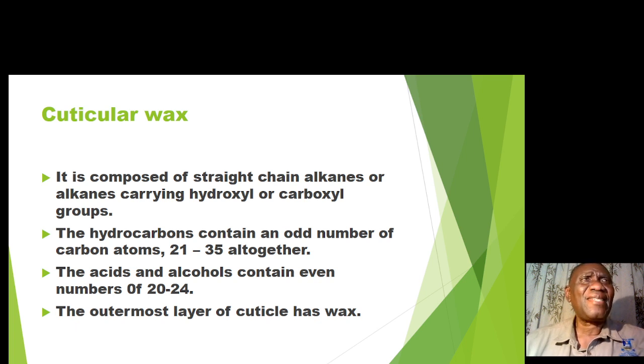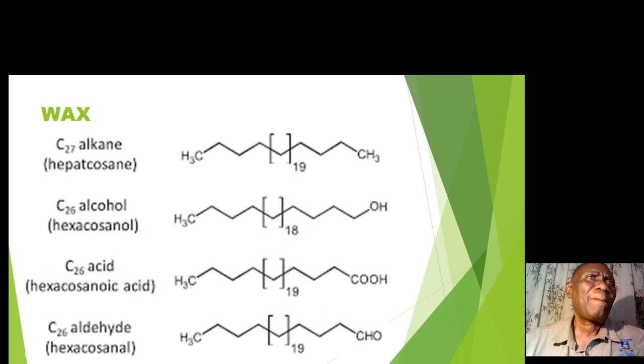Otherwise, I was now describing probably the chemistry of the cuticular wax. So this is the wax. It can have 27 carbon atoms or 25. It could be 26 carbon atoms.